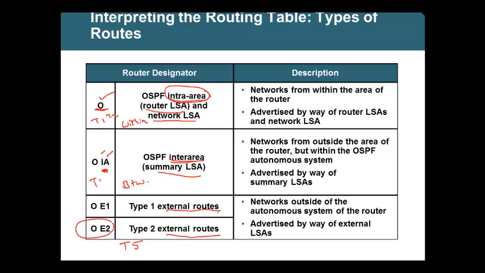The inter area IA is type 3, and these both are because of type 5. We know about type 4. Type 4 is simply the router ID of the ASBR.